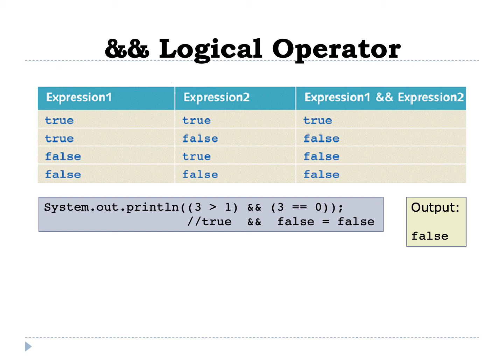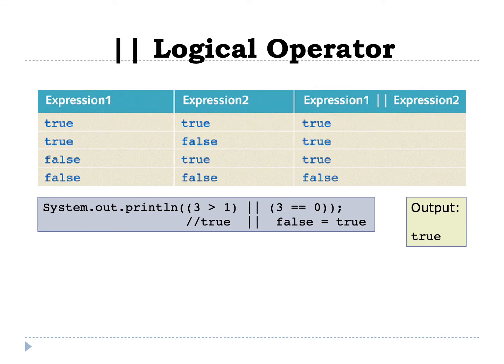So 3 larger than 1 will give us the value true. 3 equal to 0 will give us the value false. Using the AND, we are basically comparing true and false, which will give us false. So, when we run this code, false will be displayed on the output. You can try and use other values to check what it displays, whether true or false, when your expressions contain true or false.